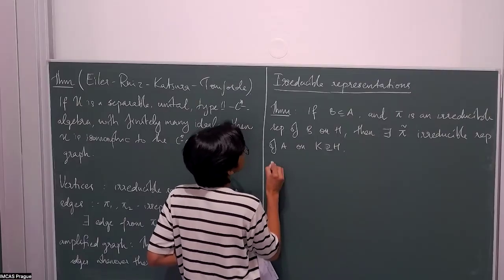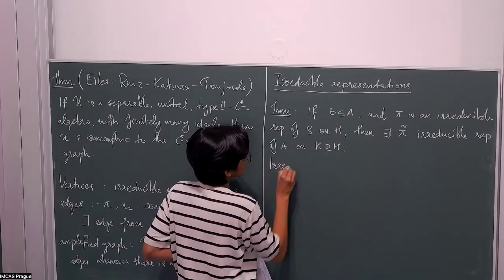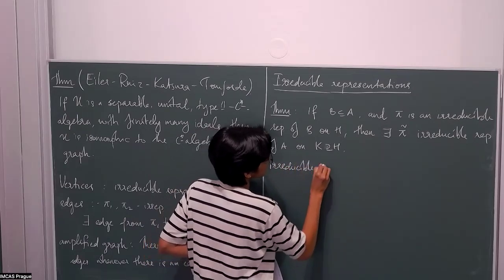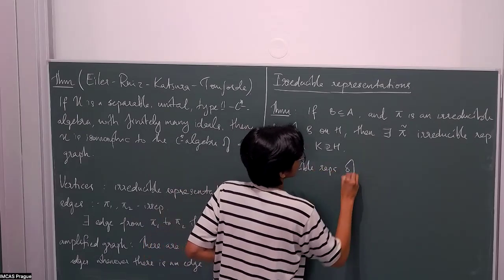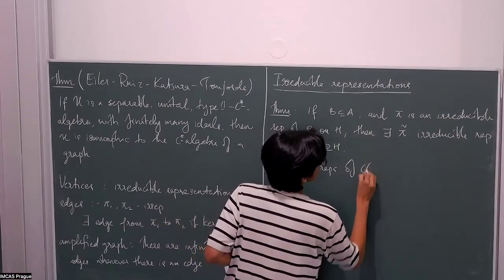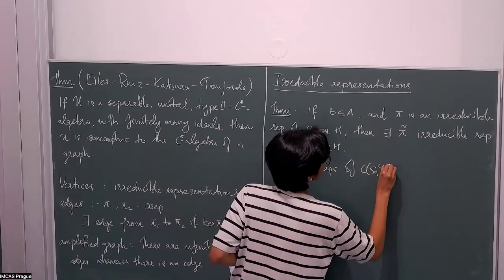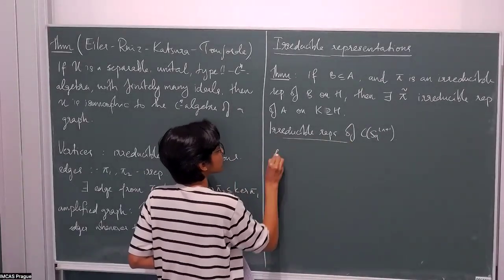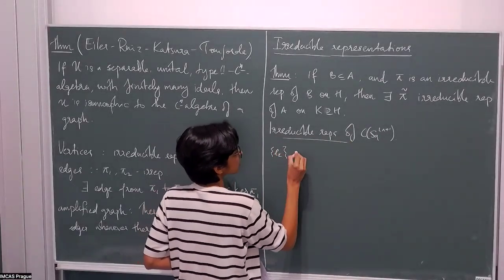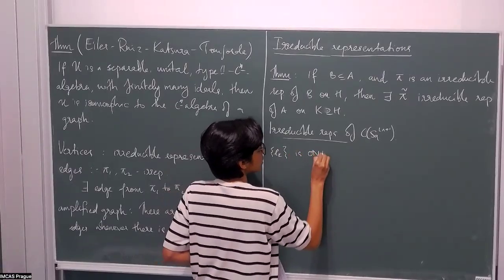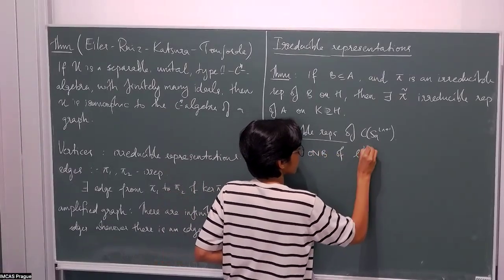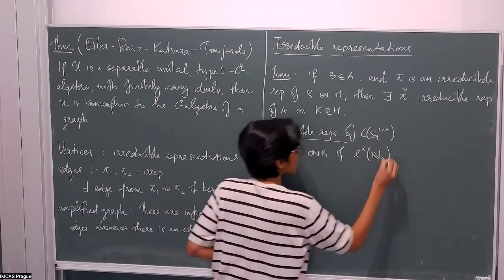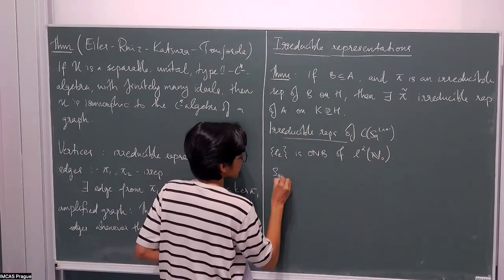So if I take irreducible representations of the quantum sphere, if e_k is an orthonormal basis of L2 of N naught, then I can define two operators.